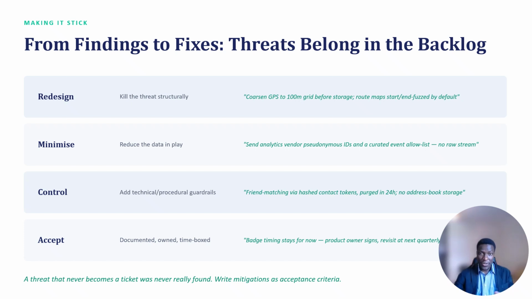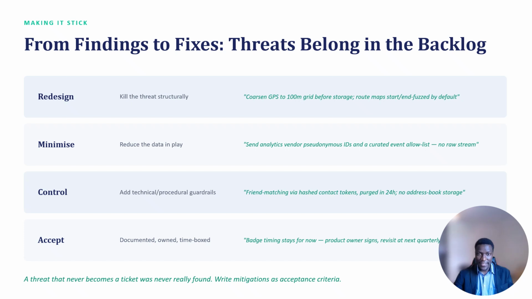Minimize reduces the data in play. For example, you can send pseudonymized IDs and a curated event allow list to the analytics vendor instead of the raw stream that is being sent. Controls: here we add guardrails, for example, hashed contact tokens purged in 24 hours instead of storing the whole address book.